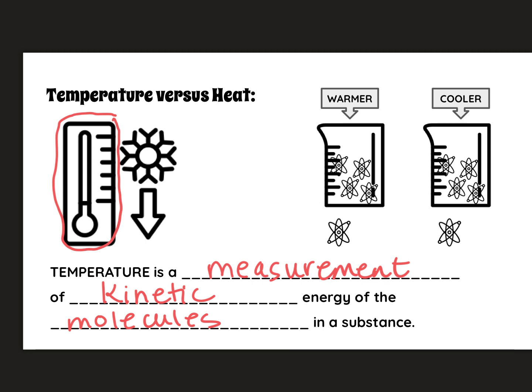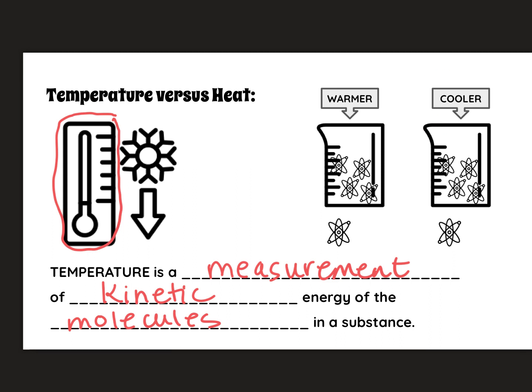So what is heat? Heat is really the movement of thermal energy from one substance to another. And this thermal energy always transfers from the warmer substance to the cooler substance. Heat is kind of more of a general term that we use, where measurement is more specific because we can actually give it a number. But if we were comparing two things, we would say, oh, well, this substance is warmer than this substance.